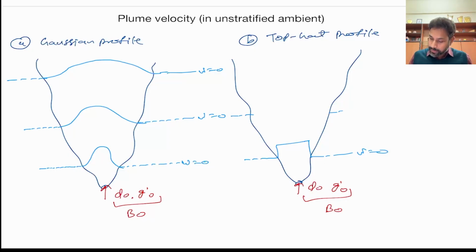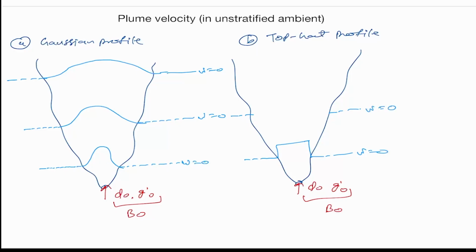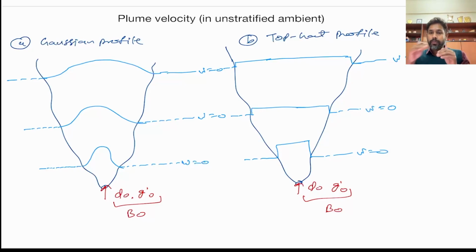Likewise, here w is 0 outside, but inside the plume there is this velocity, which is a little smaller than the previous velocity. Here again we have w equal to 0, and then this velocity. So what we are assuming here is that the velocity within the plume at that particular elevation z is constant, but as we go up, it is decreasing.